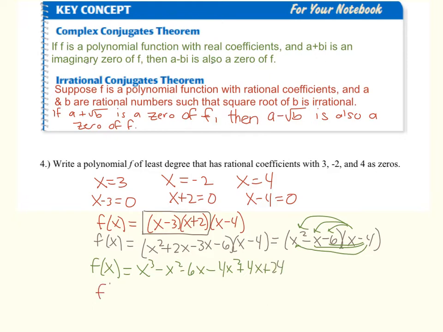So if I combine like terms, I'll have my polynomial in standard form. X cubed minus 5x squared minus 2x plus 24. That must have been the polynomial we started with in order to find our three zeros, x equals 3, x equals -2, and x equals 4.